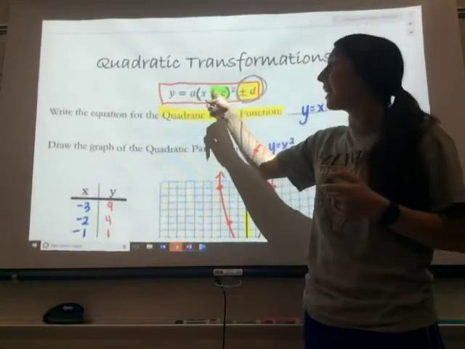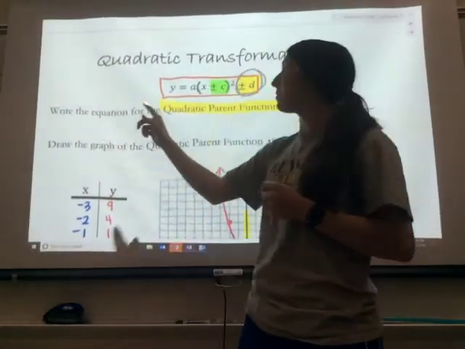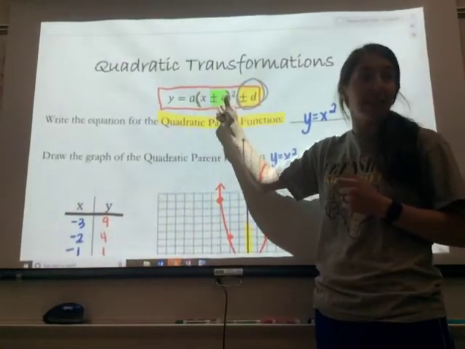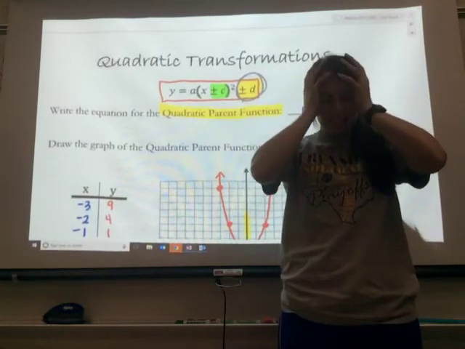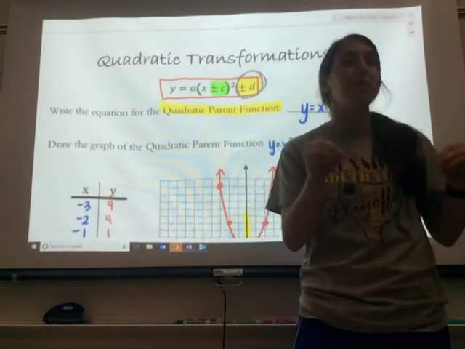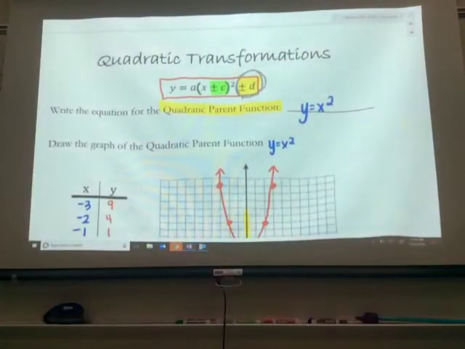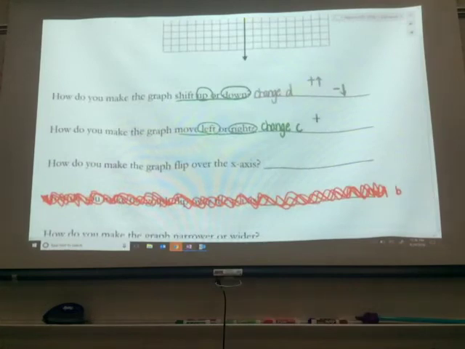Because when it's being added, it's actually going to move left. And if it's being subtracted inside the parentheses, it's going to move right. So inside the parentheses, put your hands on your head. It confuses you a little bit because it does the opposite of what you think it should do. So in order to make something move left or right, we're going to change C. If we add, it's going to go left. If we subtract, it's going to go right.